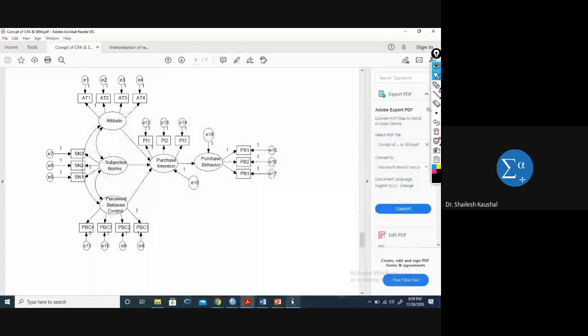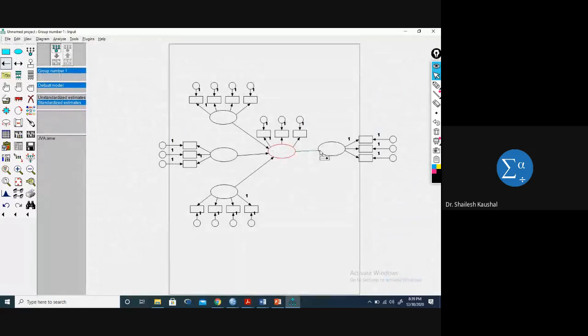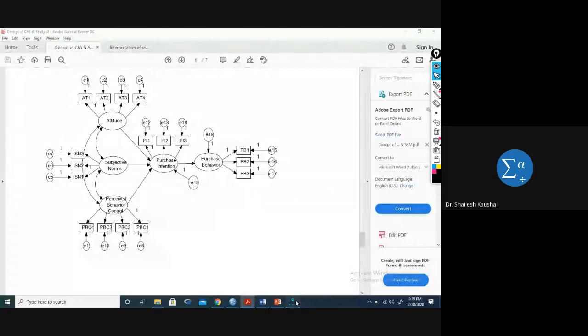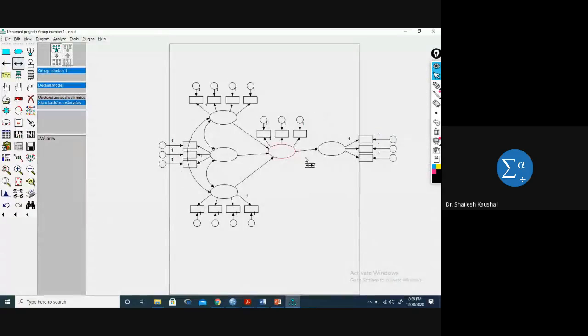And the covariance among the, sorry, undo, this is the double-headed one, this is the covariance. Manually I can do it, and then it is covariance. Now I will draw the variance in the endogenous, sorry. Okay, this is the variance.